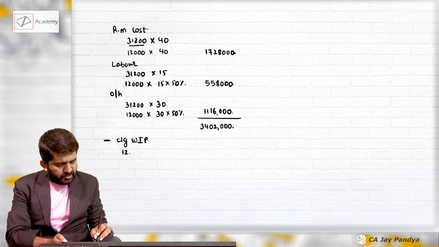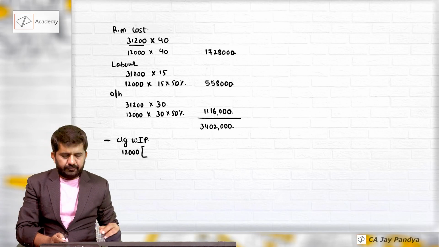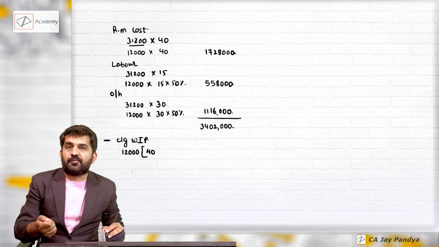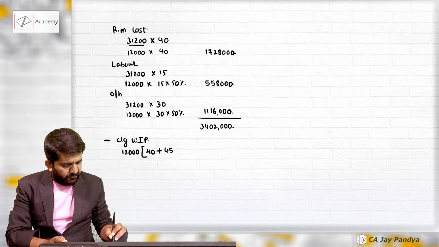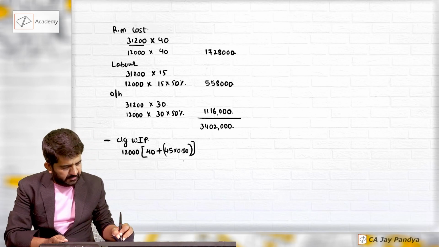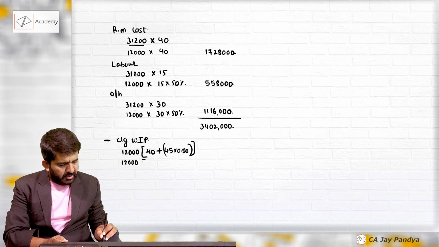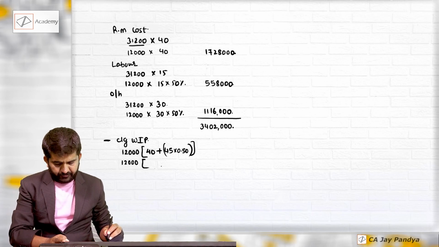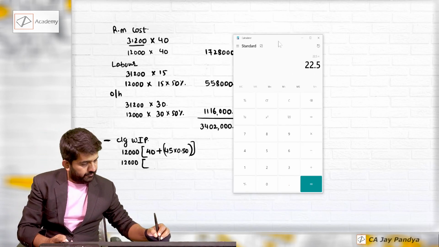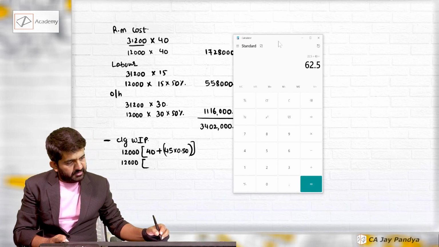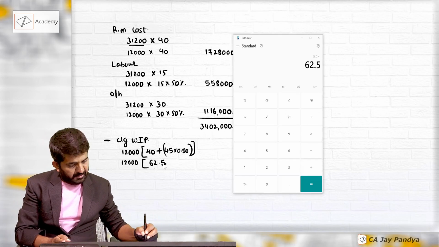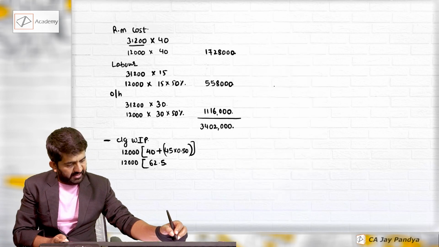How will I value closing WIP? 12,000 multiplied by 40 rupees, raw material is full, plus 45, this is labor and overhead, into 50%. This will be 12,000 into 45 into 0.5 plus 40, that is 62.5, multiplied by 12,000, 7,50,000.